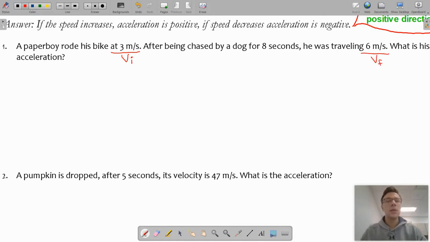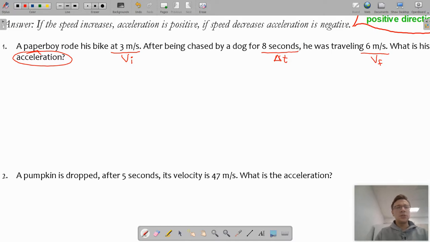It's obviously given us the time here, 8 seconds, which is the change in time, final minus initial. We're assuming he started at 0 seconds and finishes at 8 seconds. And then it's asking what is the acceleration, so I'm going to circle that one because that's what we're solving for.